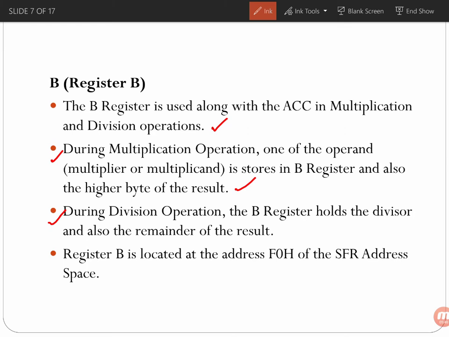In case of division, the B register holds the divisor and also the remainder of the result. It can also be used as a general purpose register and as an auxiliary register to store temporary results. The address of register B is F0H. In instructions, you can use either the name B or the address F0H.